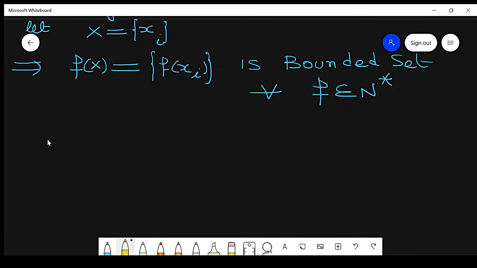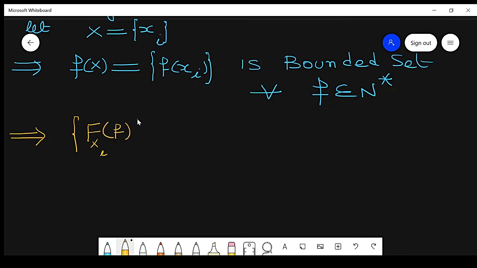Now by using the embedding theorem, f of x_i can be written as x_i hat of f.